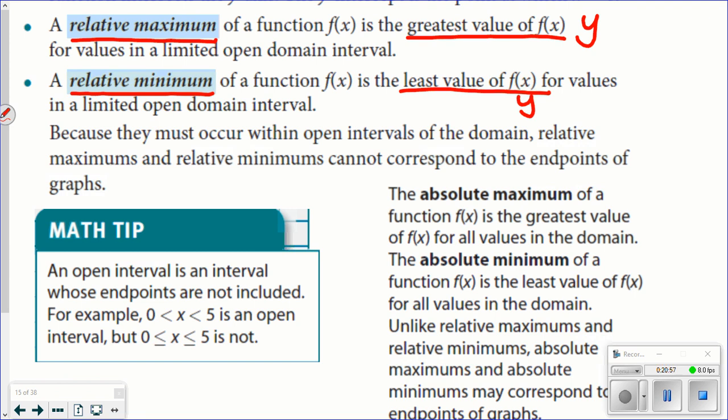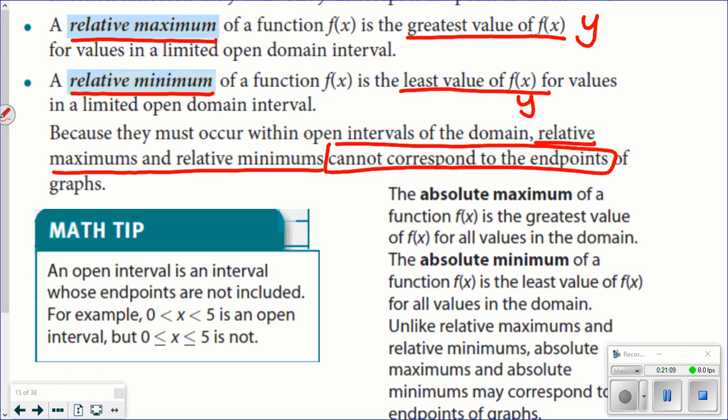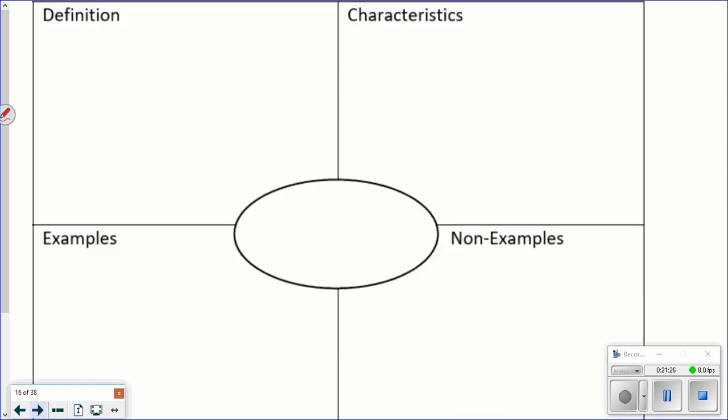Because they must occur within open intervals of the domain, relative maximums and relative minimums cannot be endpoints. The math tip box says endpoints are not included. I'll show you examples in a minute, but let's add relative min and relative max to our vocab.